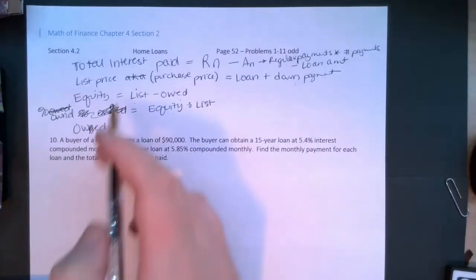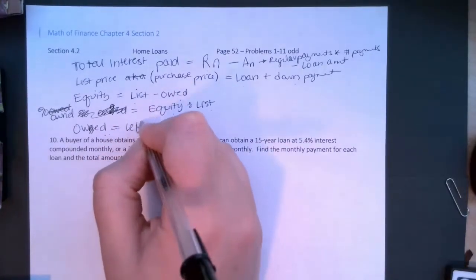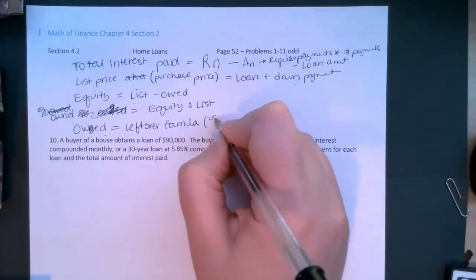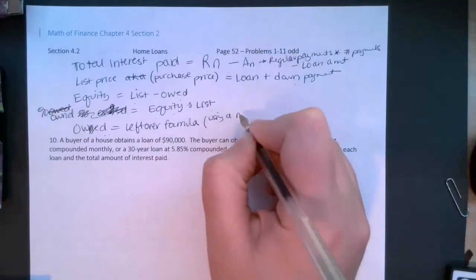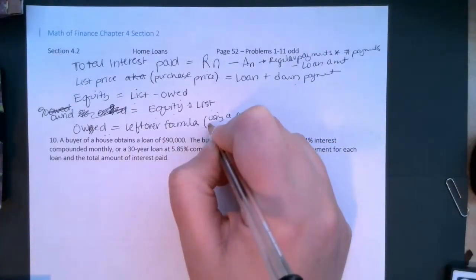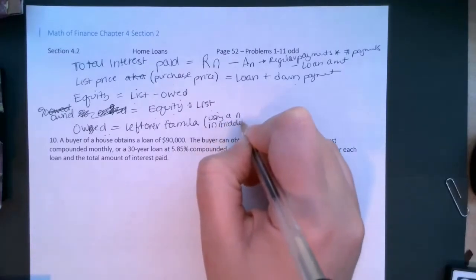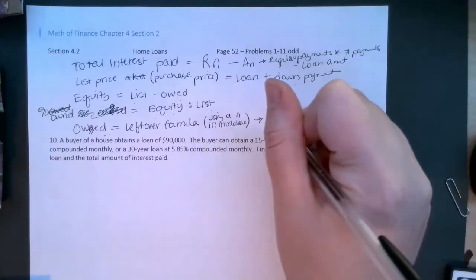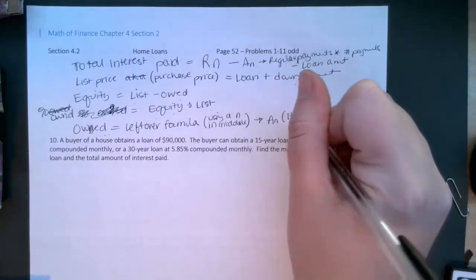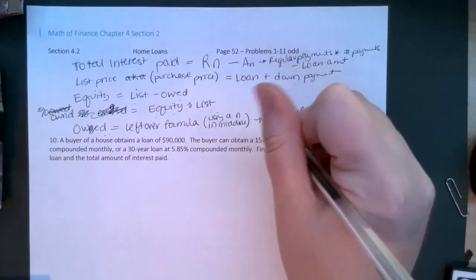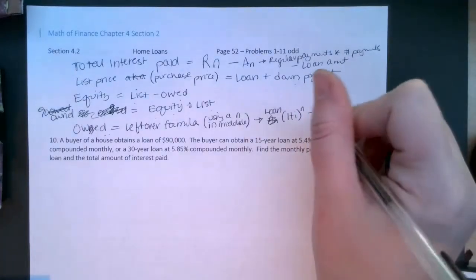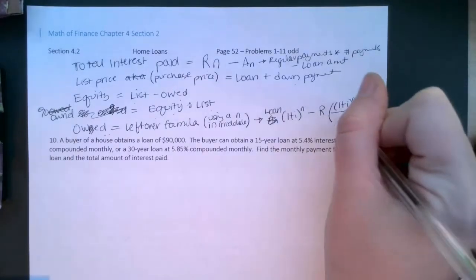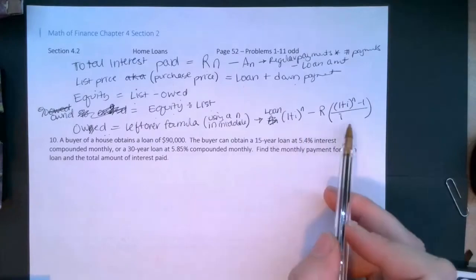So the amount owed is going to be our leftover formula, using an N in the middle of the payments. In the middle, so what that means, just as a reminder, that was A sub N, your loan amount times 1 plus I to the N, minus your regular payment times your S sub N. So this was equation 4.1, your book calls it.